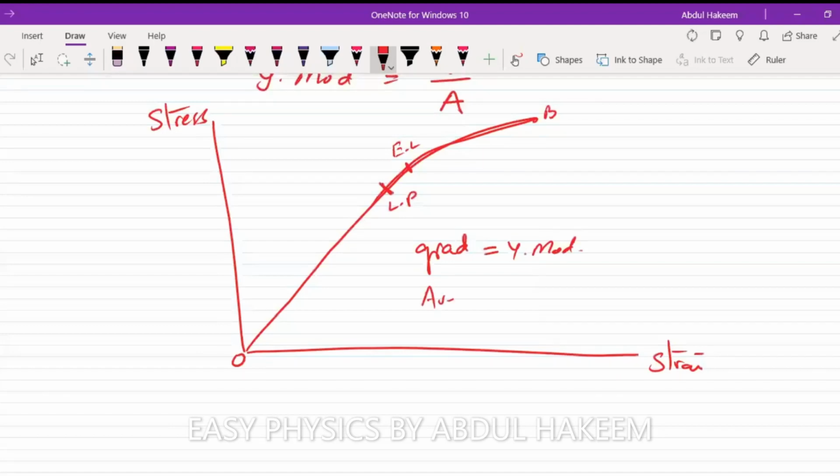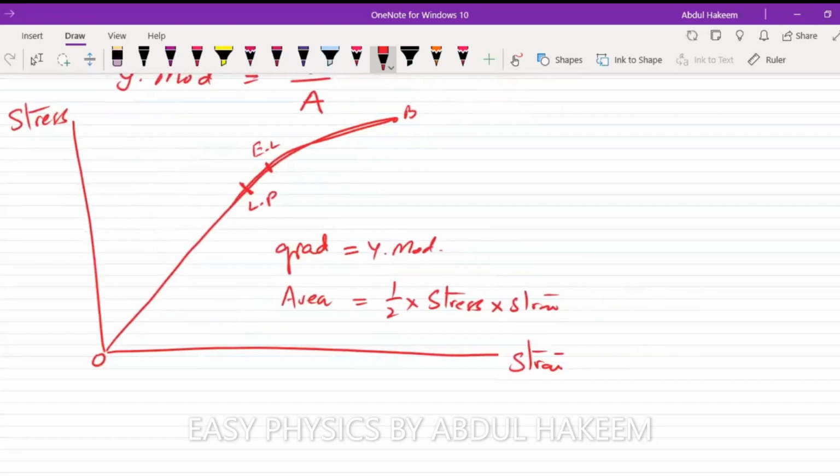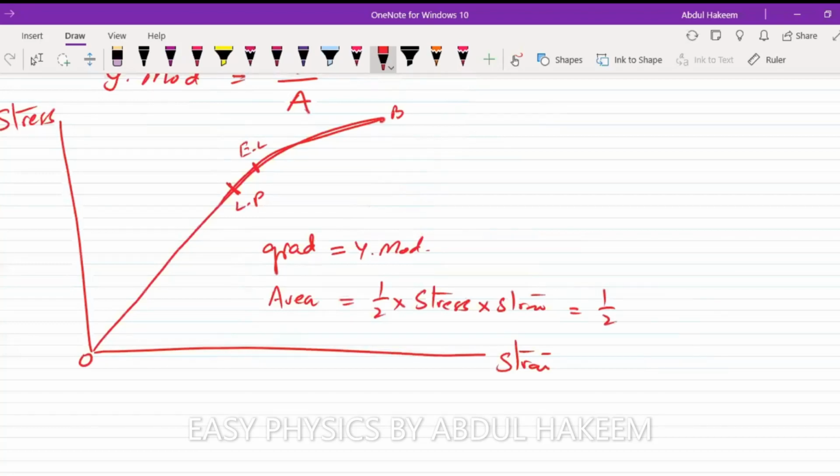And the area under the graph is not energy. It is the energy per unit volume, because it is 1 by 2 stress into strain, half base into height. So 1 by 2, stress is force divided by area, strain is e over L. It can be written as 1 by 2 Fe over AL. So this is energy, and area into height is a volume. So it is the strain energy per unit volume.